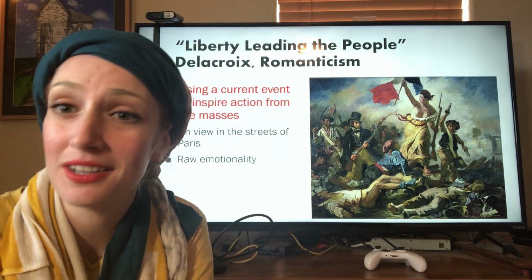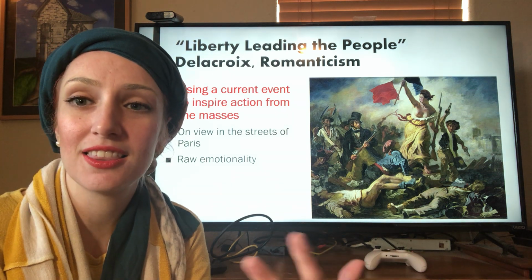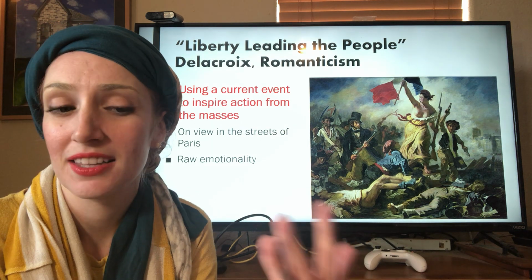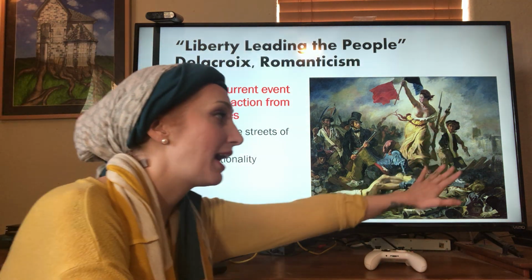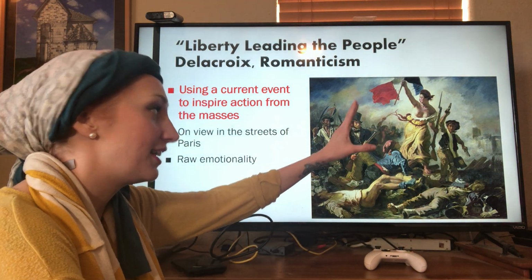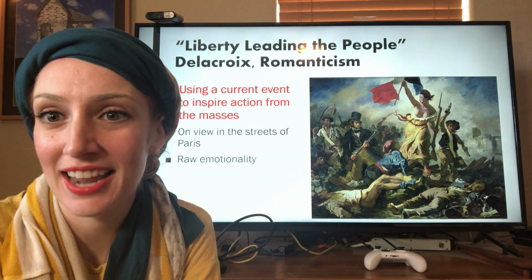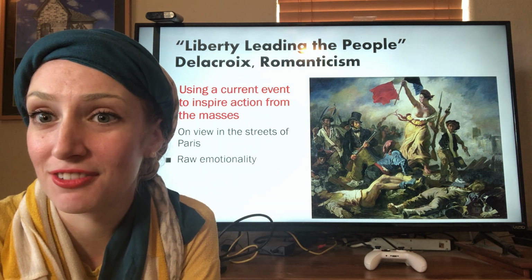This was seen from his window, from the streets of Paris, and we see the vernacular used to communicate a sense of raw emotionality. The idea of here is our revolutionary leader with our piles of contemporary furniture leading this attack against the monarchy, Charles X. So using the vernacular to inspire the masses to join in on the French Revolution.